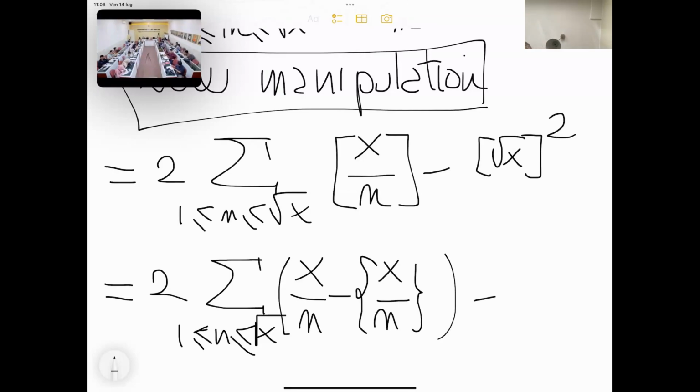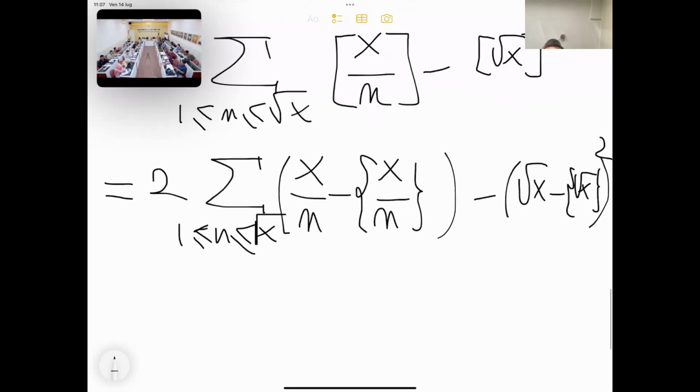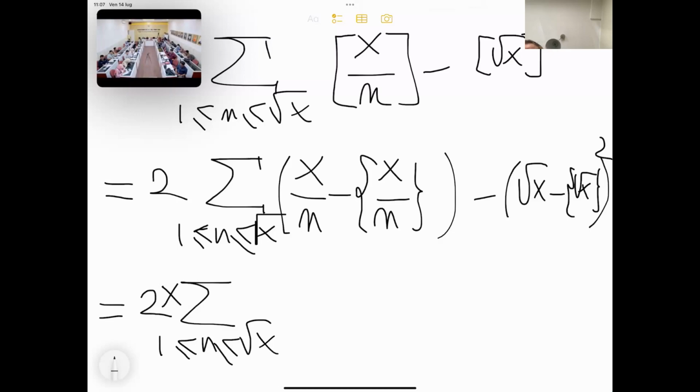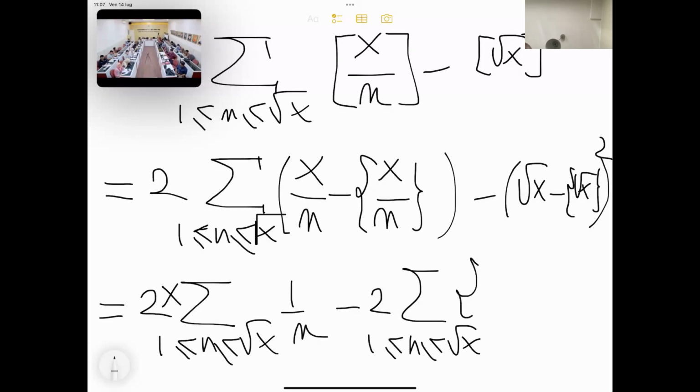And this is equal to the square root of x minus the fractional part of the square root of x. So this equals twice the sum, well, twice x, the sum for n between the square root of x and 1 of 1 over n. And then there's a minus twice the sum for n less or equal than the square root of x, bigger or equal than 1 of this fractional part.